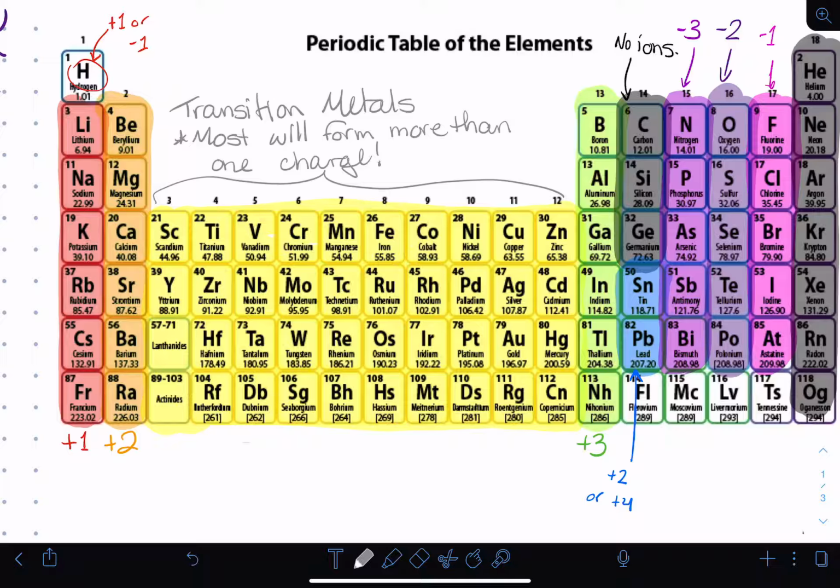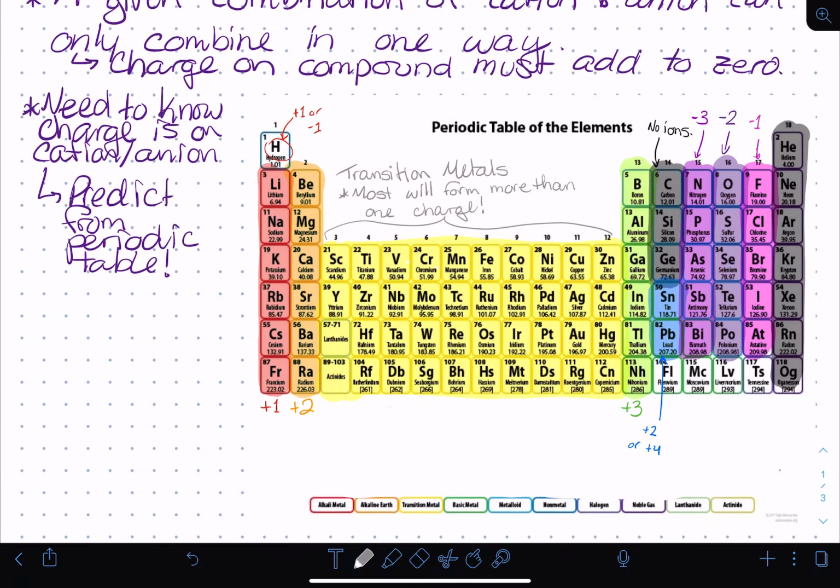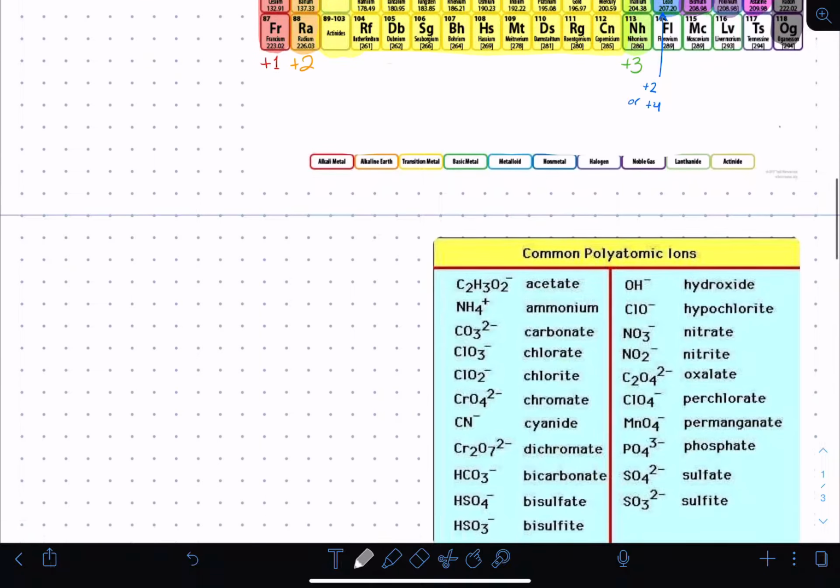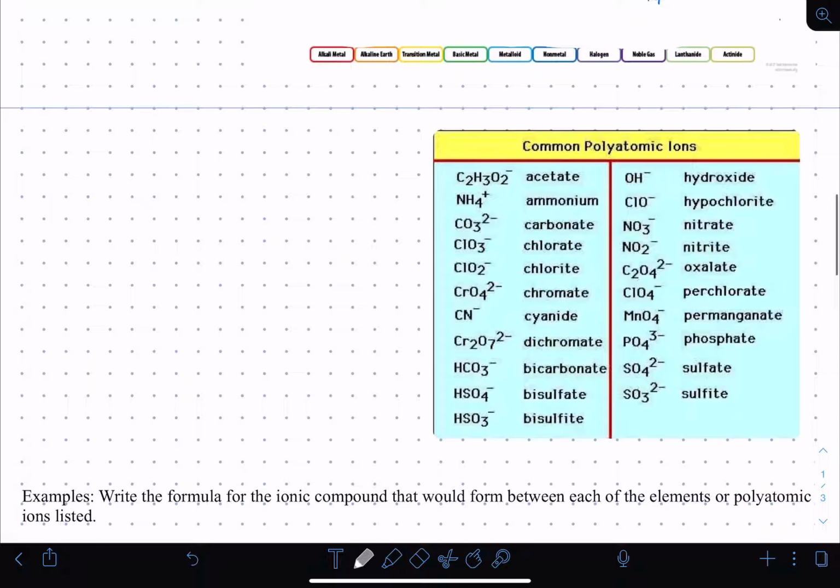So for ions involving a single atom, we can predict their charges just by looking at the periodic table. There are also what we refer to as polyatomic ions, which are just ions containing more than one atom.